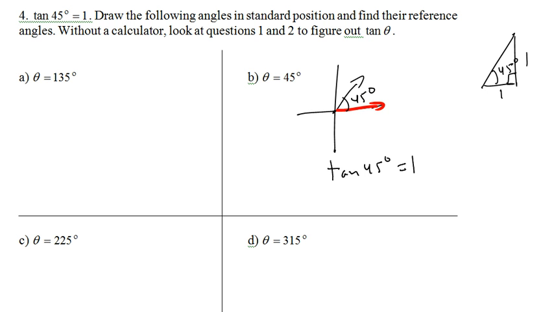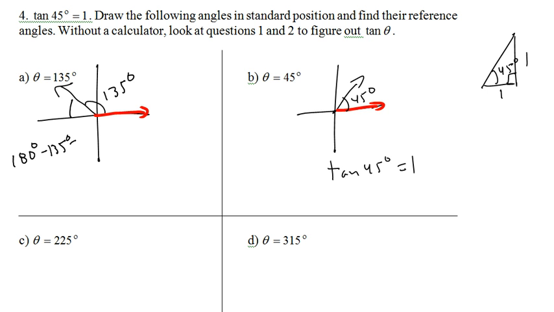Okay, now tan 135. Okay, let's have a look at this guy. So 135 is going to be between 90 and 180. So there's our 135 degrees. And let's figure out our reference angles in there. So that's going to be 180 minus 135 gives us, not surprisingly, 45 degrees. Okay, so tan of 135 is going to be the same as tan 45, but maybe positive, maybe negative.